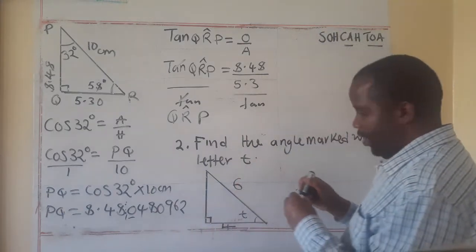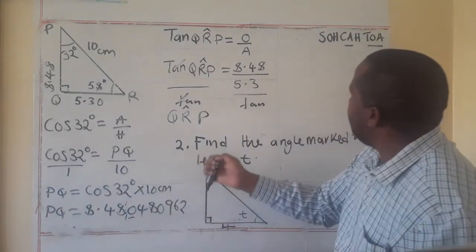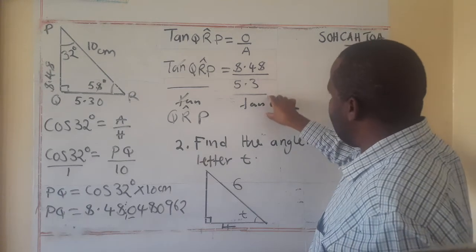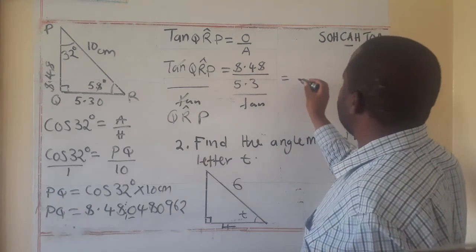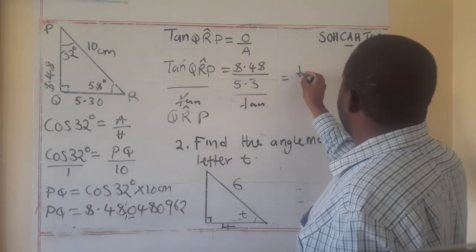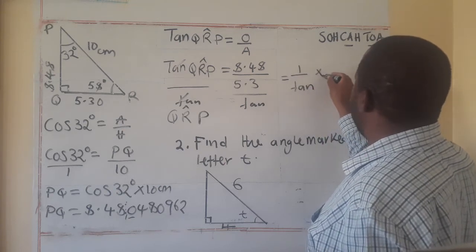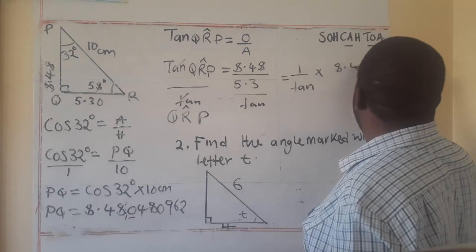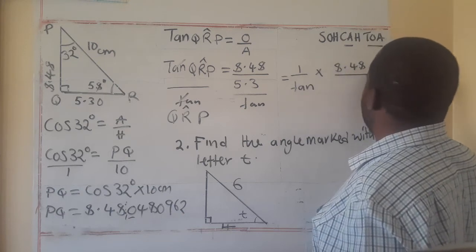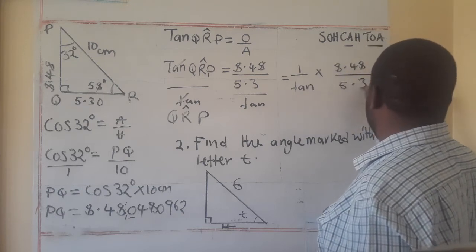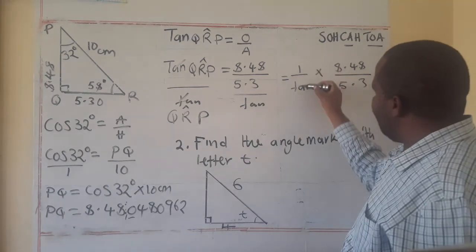What you have here is 1 over tan multiplied by 8.48 divided by 5.3. But 1 over tan is an inverse.